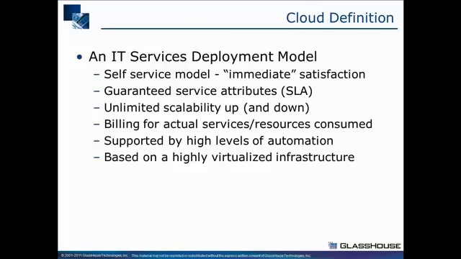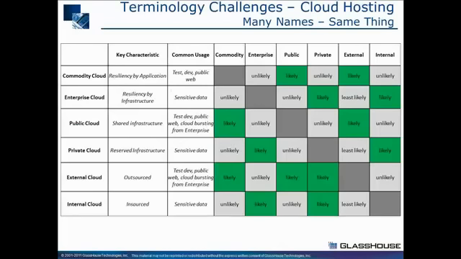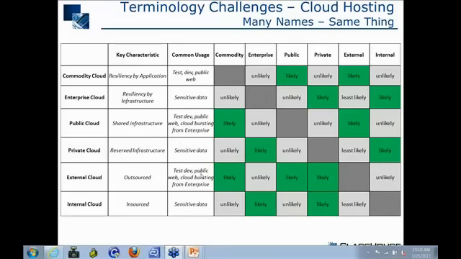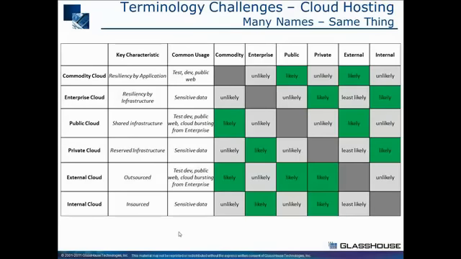Let's try to get a little further into some of the terminology that we see out there. I think that you've all heard these terms: commodity cloud, enterprise cloud, public cloud, private cloud, external cloud, internal cloud, and they all really mean different things to different people.